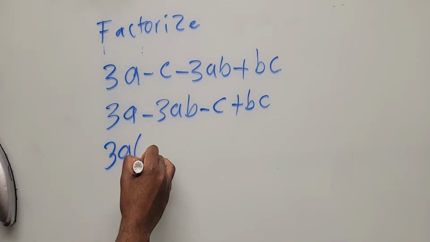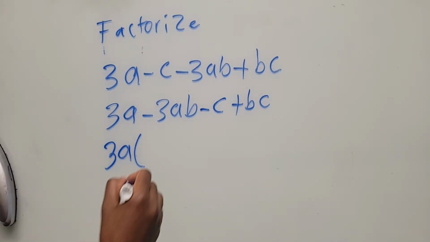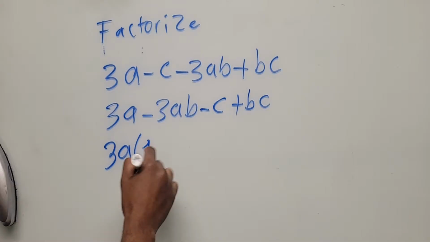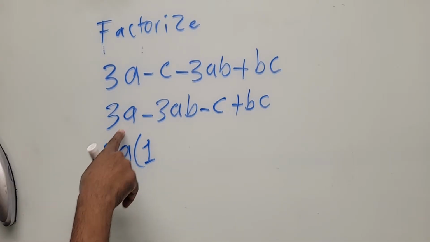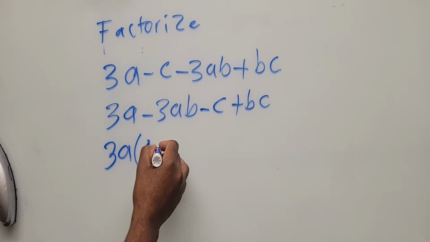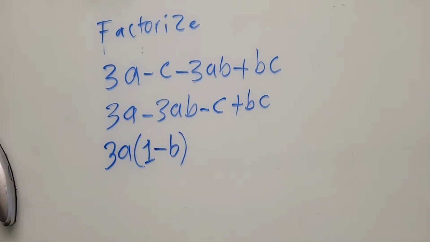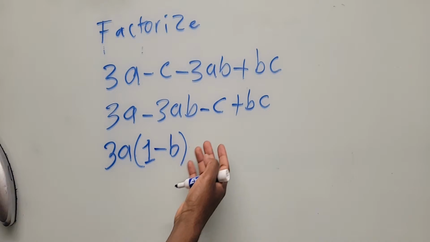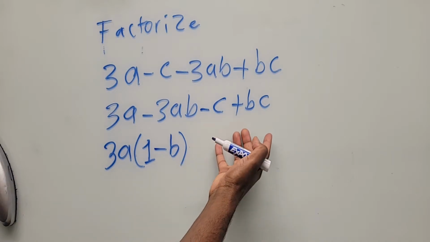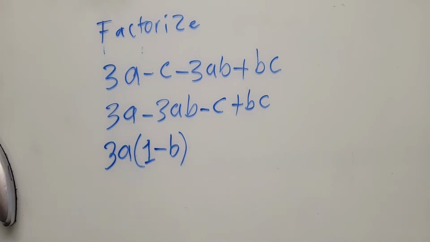So 3a outside, we need 1 here so that we can have 3a, that is the product. Then minus, if I factor out 3a, I remain with b here. Remember, when you are doing this kind of factorization, whatever you factor out in the second sum, you need to have 1 minus b in the parentheses.